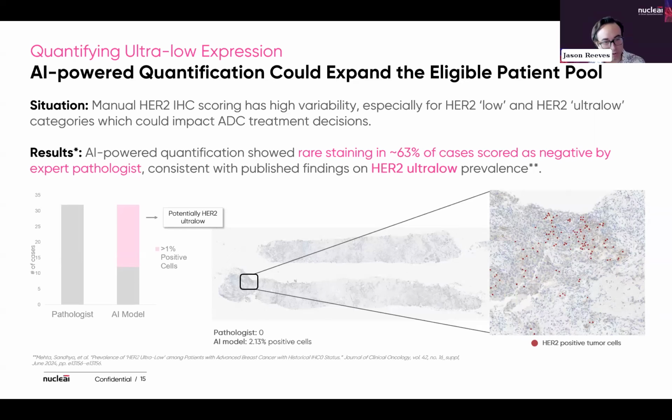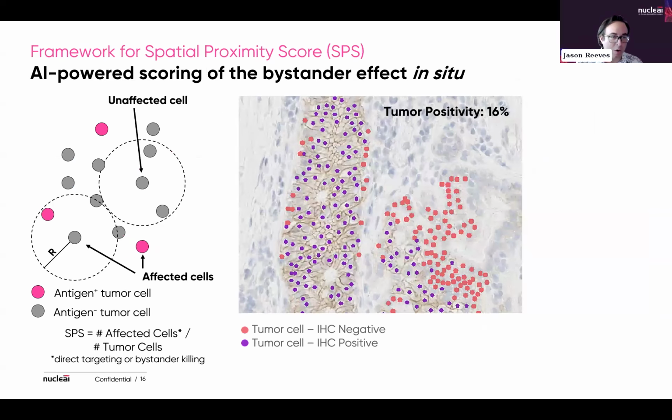The other type of scoring that we talked about was around spatial proximity scoring. This is a suite of tools that isn't necessarily a fully defined list. It's thinking about spatial heterogeneity of a tissue and understanding the relationship between positive cells and their adjacent negative cells.